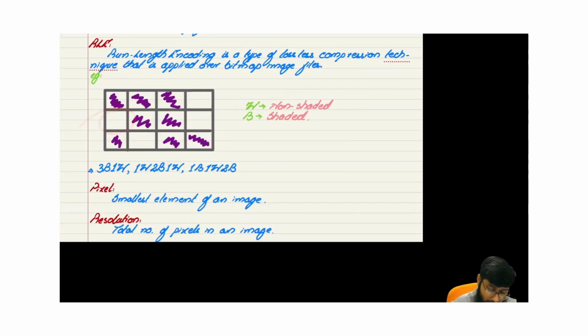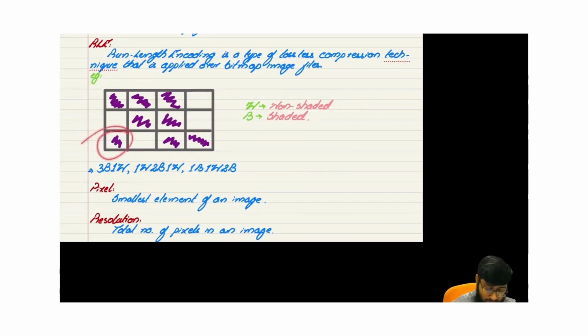Now we do have one for the second row. I utilized a comma just to represent that I'm going to the second row. Now I do have one non-shaded part, 2 consecutive shaded parts, and again 1 non-shaded. Do remember that there are 2 unshaded and 2 shaded parts, but I cannot merge them with each other. So I just wrote 1W, 2B, and again 1W.